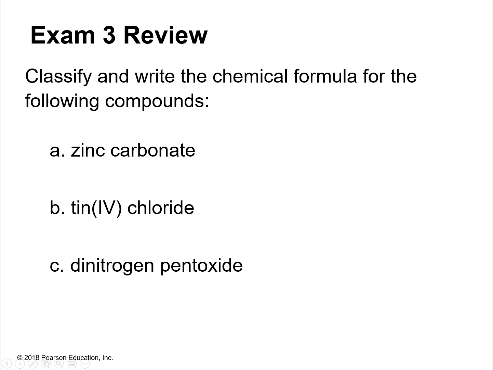I'm going to start slowly filling these in. Zinc carbonate is a ternary ionic compound. It's a metal, plus carbonate is a polyatomic anion. So that's a ternary ionic compound.